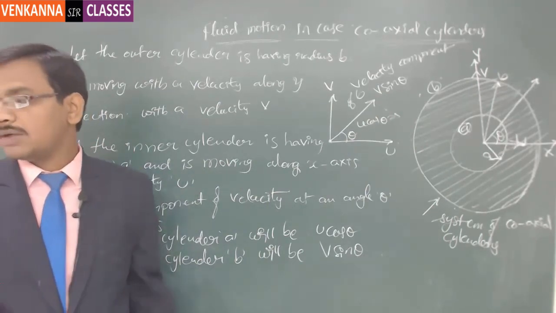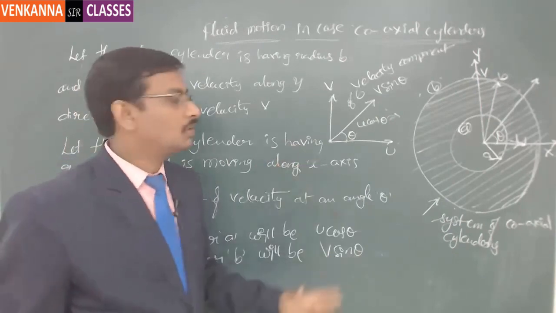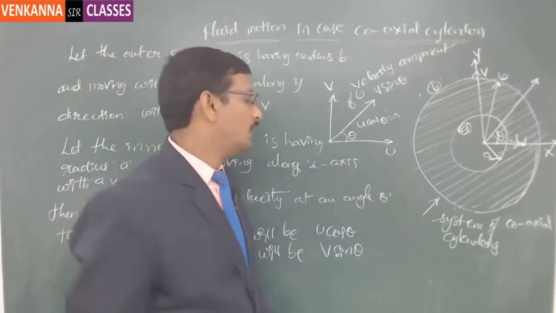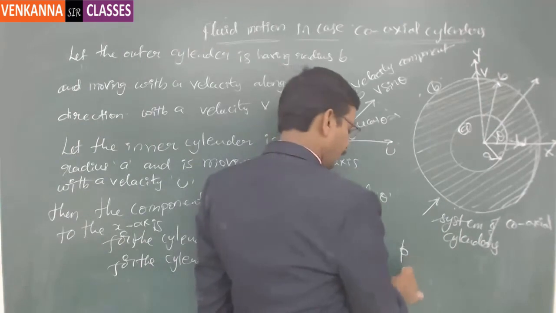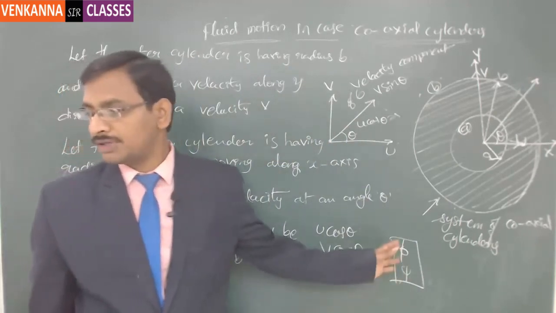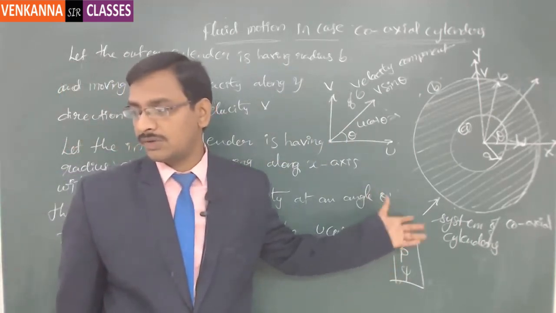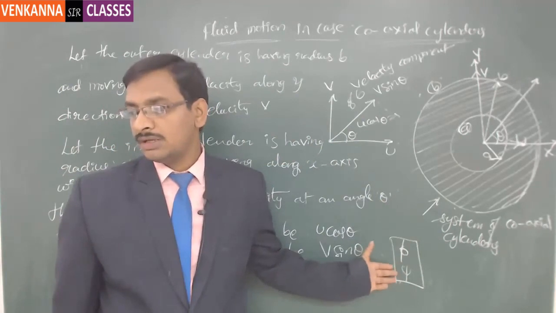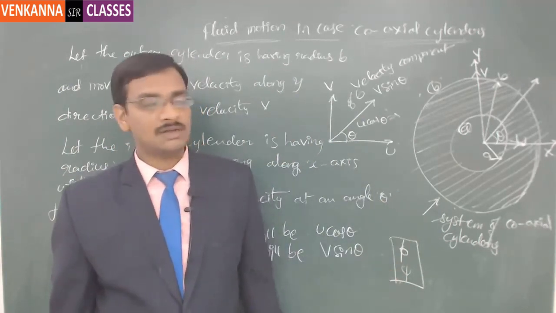Now with this understanding, in this particular scenario we intend to find the values of phi and psi. These are essential components for us to analyze any particular flow. If you know the potential, you will be able to find the velocity, pressure, or whatever is required. And if you know the streamlines, you will be able to find the direction of flow, right?